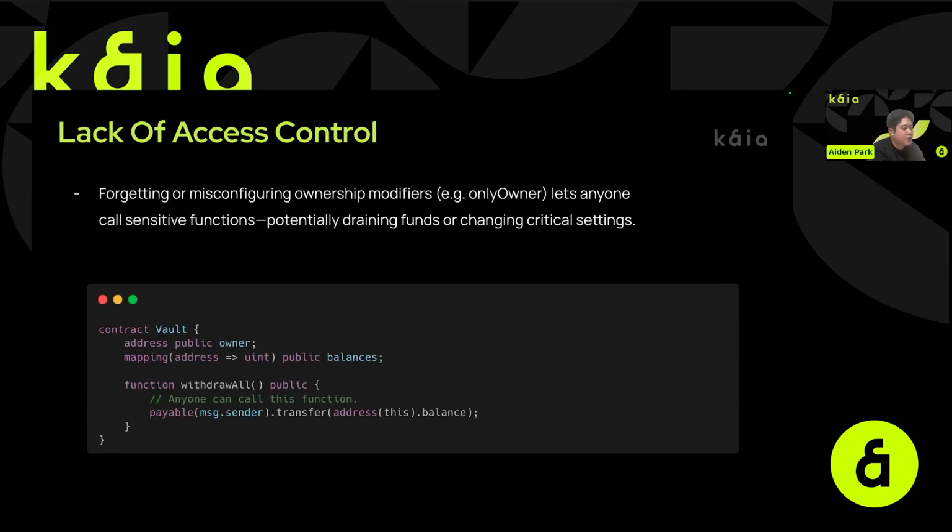It could be minor things, but it's easy to forget. So you must check access control before deploying the contract on mainnet.